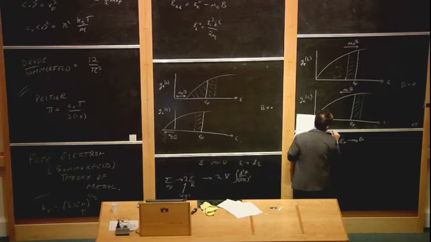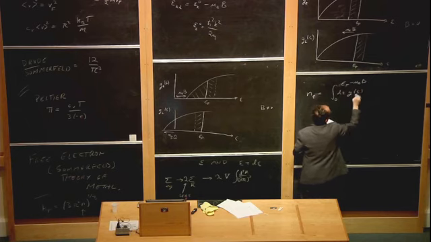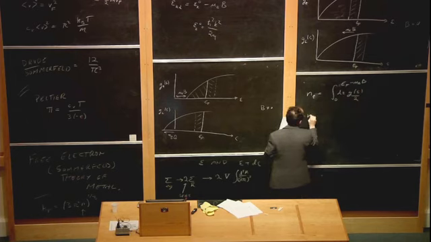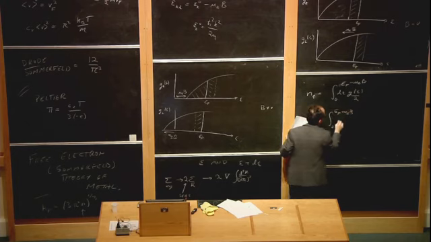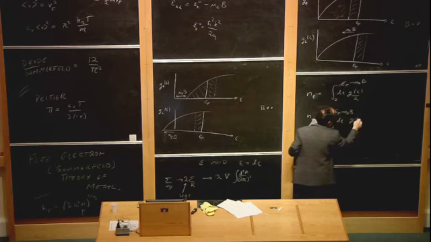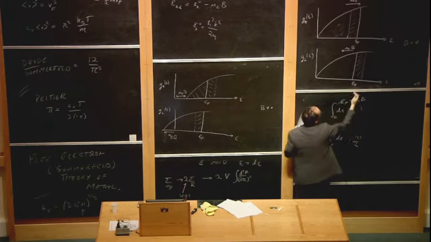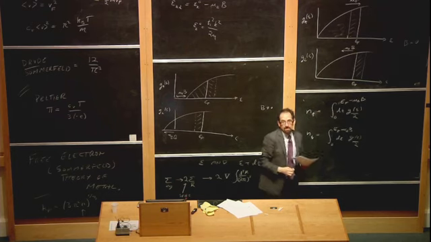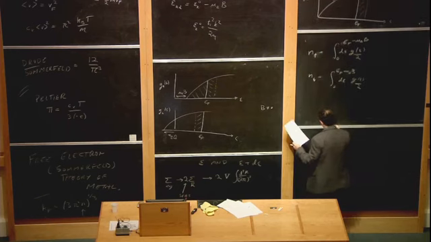These guys have now emptied. dE of g of E, over 2. Whereas the number of spin-downs is the integral from 0 to E_F plus mu_B B, dE g of E over 2. Because we want to integrate all the way up to here, since those have been pulled down in energy. Is that clear? All right, so we're almost there.